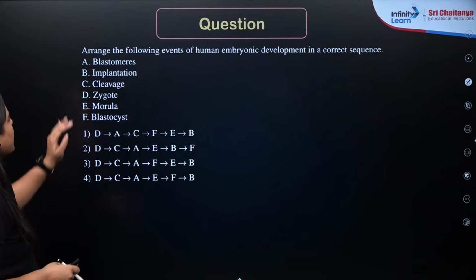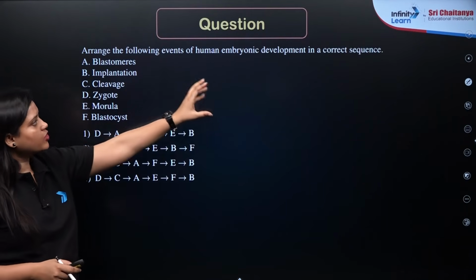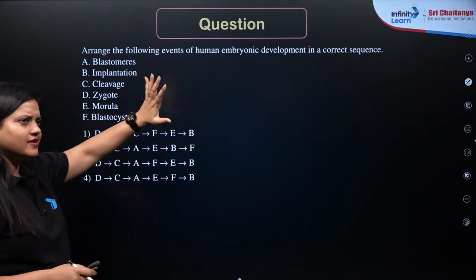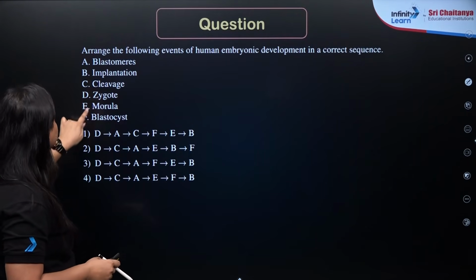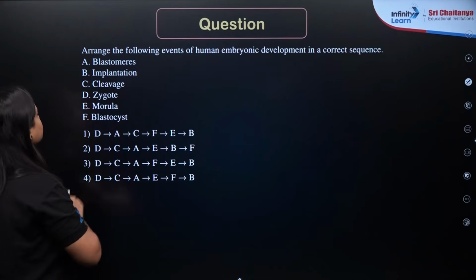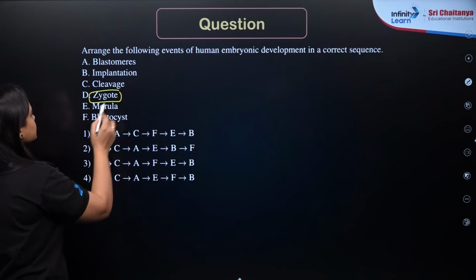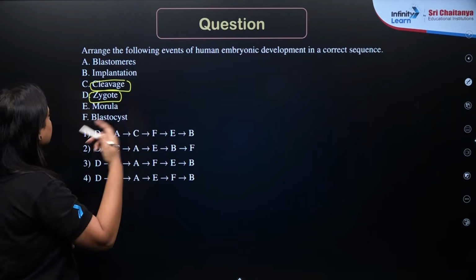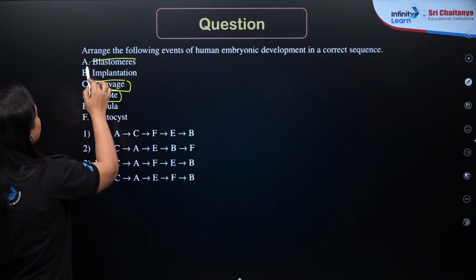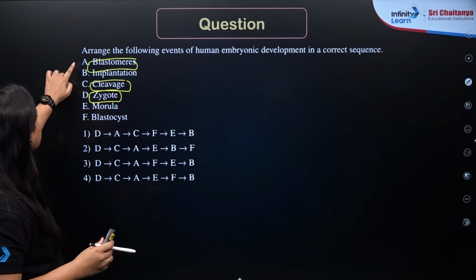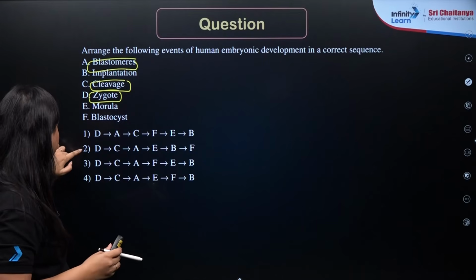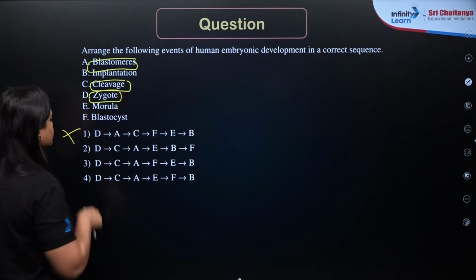Next question. Arrange the following events of human embryonic development in a correct sequence. Very interesting question from human reproduction. So first of all, out of all these options, I can see the first one should be zygote. Then this zygote will undergo cleavage, and then there will be formation of blastomeres, right? So it will be D, C and A. So is there any option D, C, A? Yes, we have 3 options.